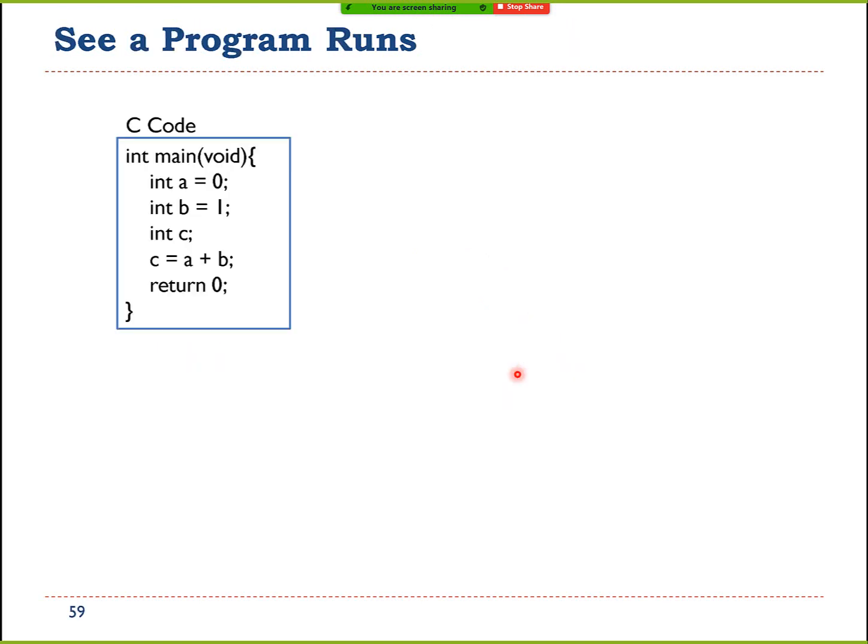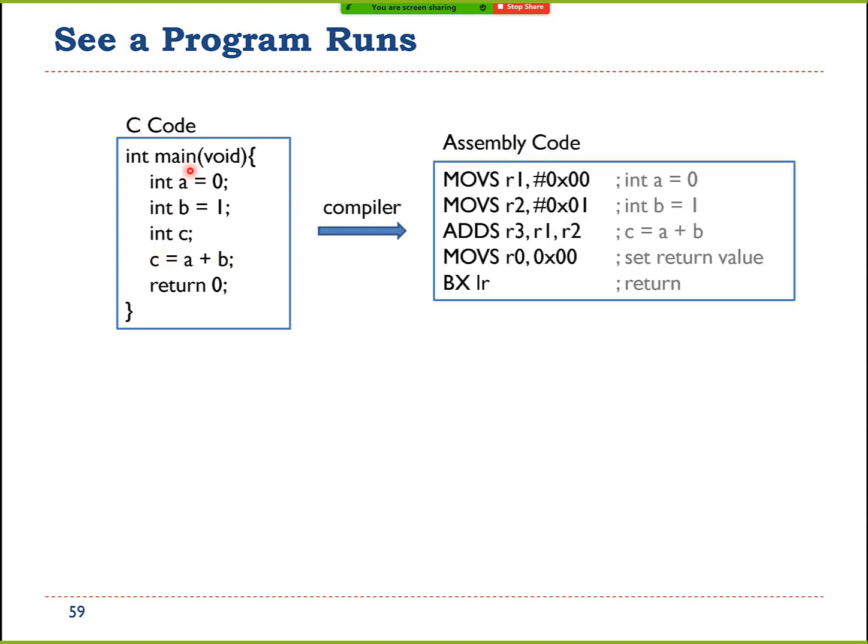Now we'll see an example of how a program runs. Let's assume we have a simple program with variables A and B, and we add these two variables and store the result in a variable C. Once you compile this C code, the compiler gives you assembly code with some instructions.